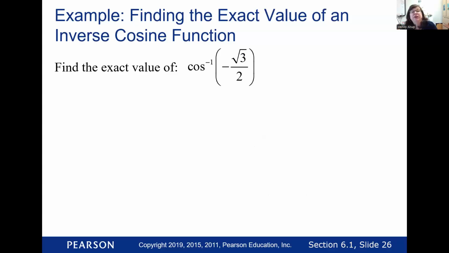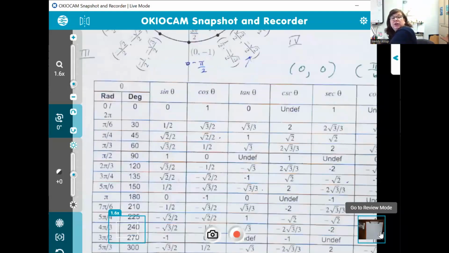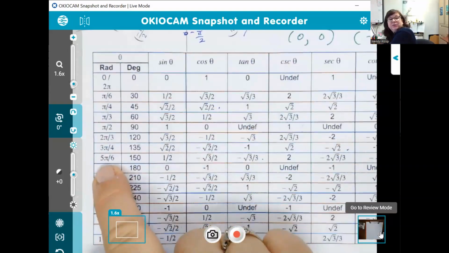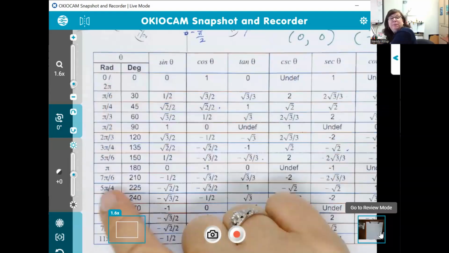How about the inverse cosine of negative root 3 over 2? Negative root 3 over 2. Again, I'm going to go over to my little cheat sheet here. Negative root 3 over 2 cosine, here it is, that's 5 pi over 6, which is in between 0 and pi.